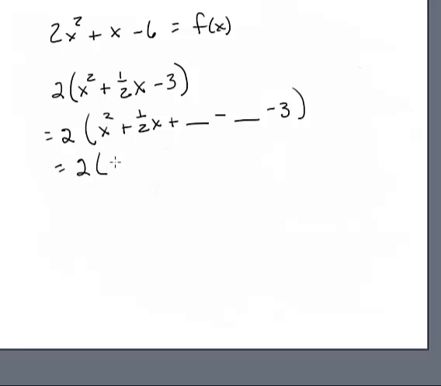Okay, so now the perfect number. The perfect number always is half the middle term. Half of a half is a fourth, squared. If I add a fourth squared, I have to take away a fourth squared.